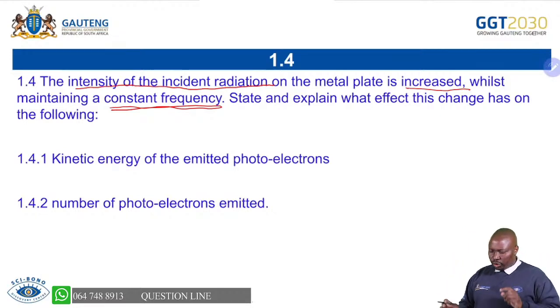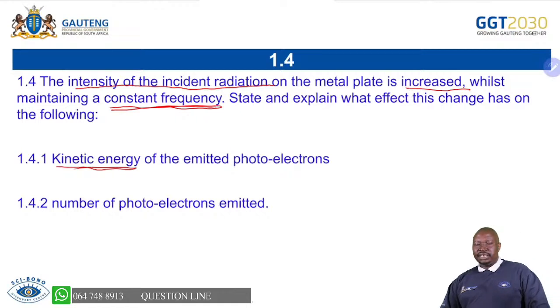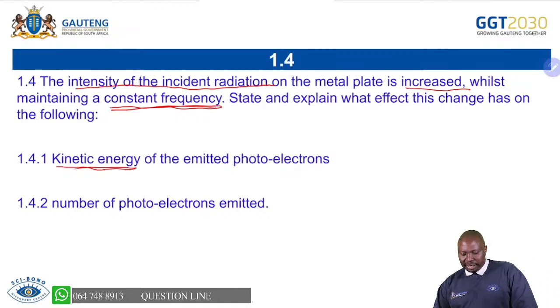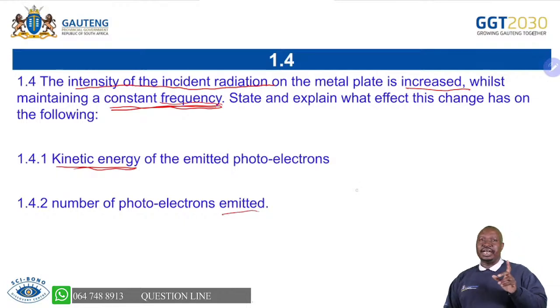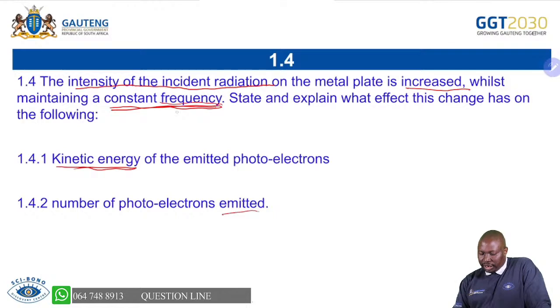So it's very important to know that as long as the frequency remains the same, the kinetic energy will remain the same. So there will be no effect in terms of kinetic energy because it's only frequency that affects the energy. Now, when it comes to the number of photoelectrons emitted, I want you to understand the effect of intensity on the number of photoelectrons emitted per unit time.